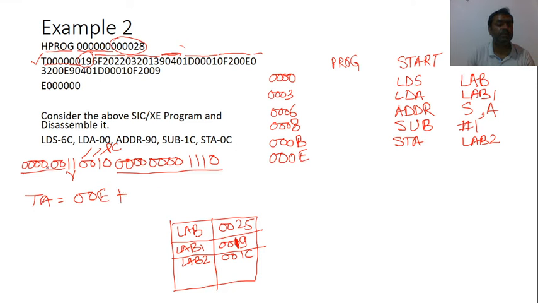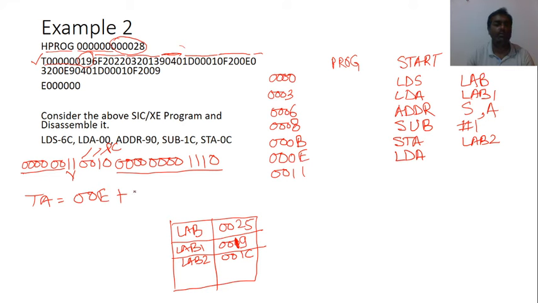You can see here the instruction is LDA, so it will be LDA, and the next address will be 0011.